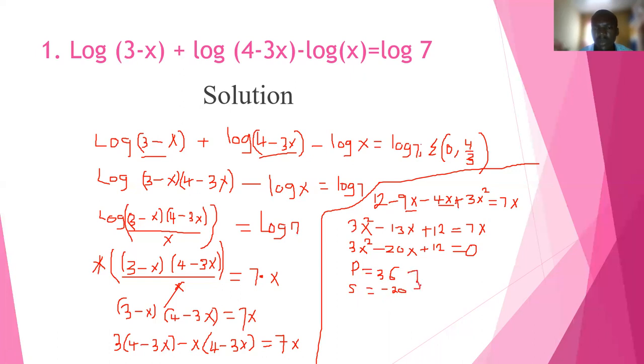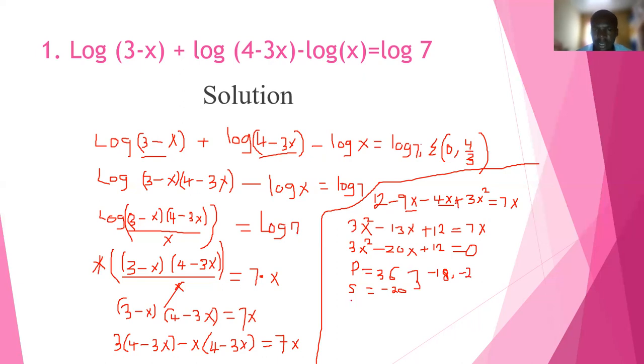So those numbers are -18 and -2, because negative times negative will get positive. So -18 times -2 will be able to get 36, and also if we add them, we'll be able to get -20.